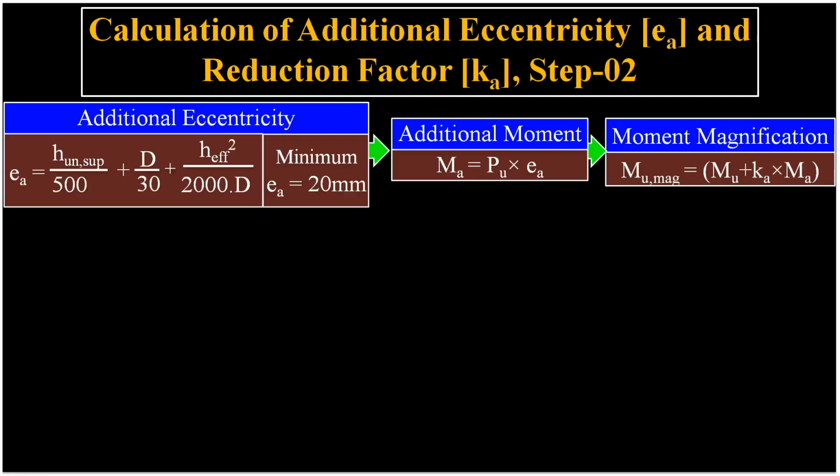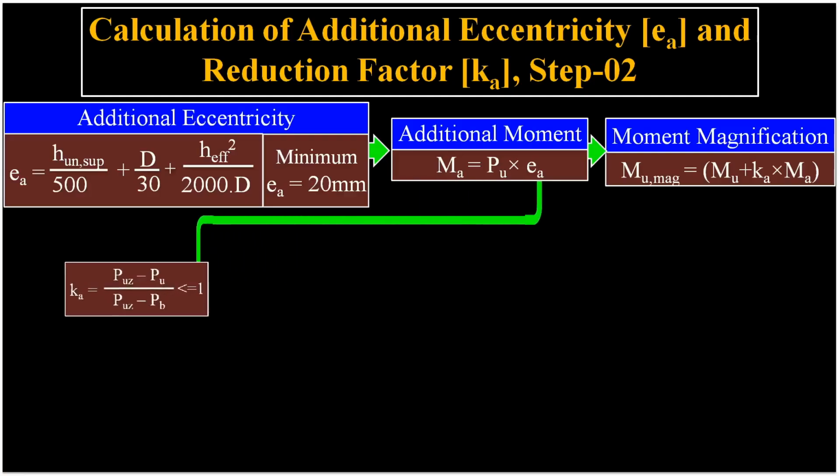Here, MU mag is our magnified moment, MU is the factored moment, Ka is the factor for moment magnification, and MA is our additional moment. Here, other than Ka, we already know the value of other terms. Value of Ka is still unknown to us.